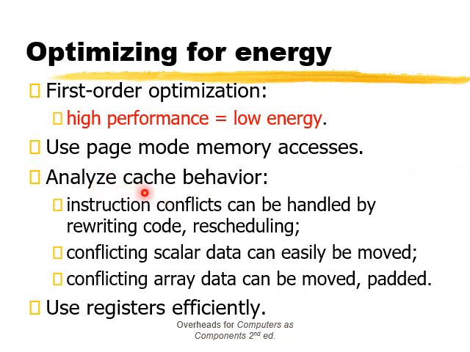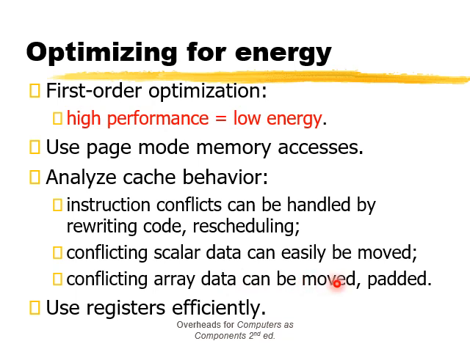Second, we can analyze cache behavior. If there are instruction conflicts, we can rewrite code or do rescheduling. If there are conflicts in scalar data, we can move that scalar data elsewhere in the program. If we have conflicting array data, as we discussed in our previous slide, if two arrays try to access the same cache block, even though the locations of the two arrays are different, a conflict can occur.